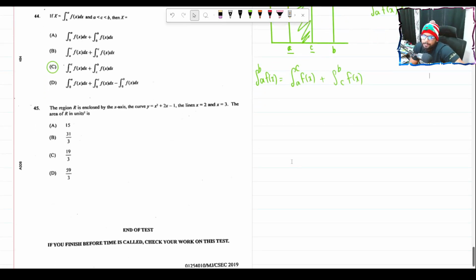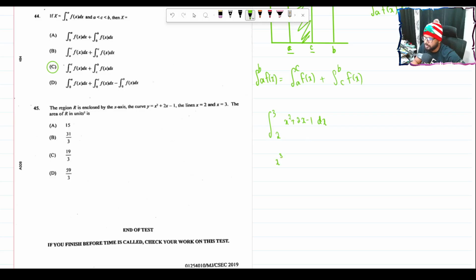And finally, the region R enclosed by the x-axis and the curve y equals x squared. Okay, that actually wants us to go ahead and calculate this, right? So we are integrating between 3 and 2, x squared plus 2x minus 1 dx.